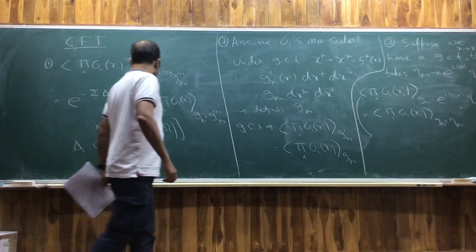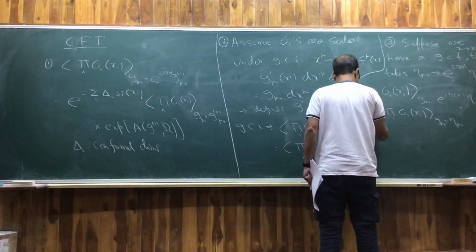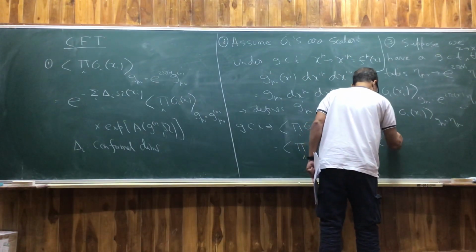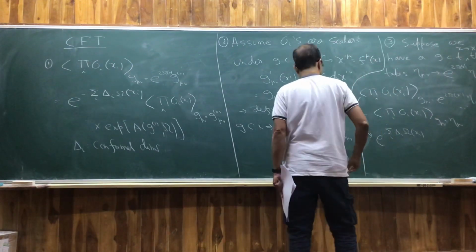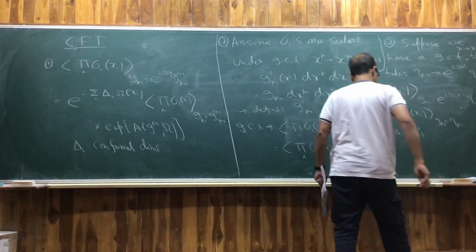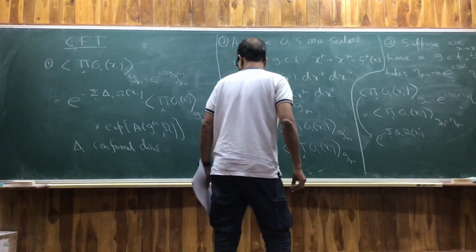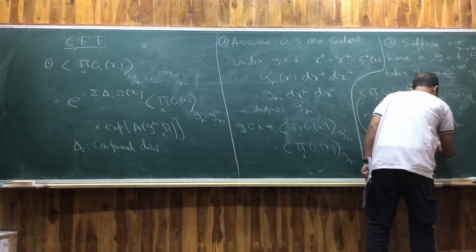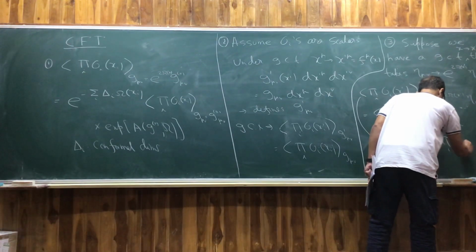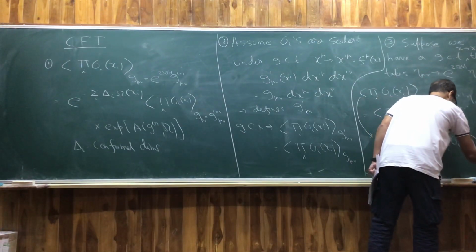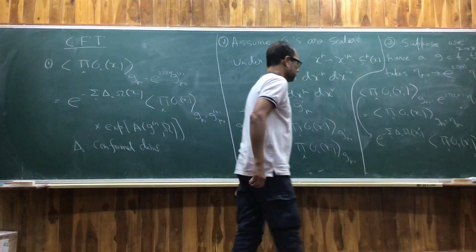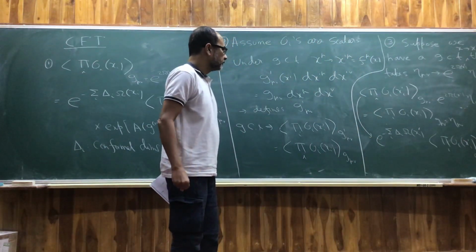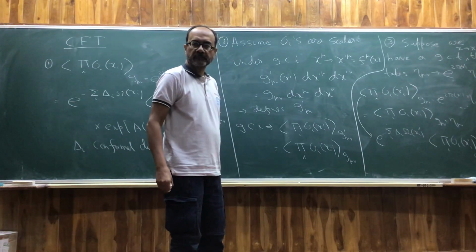We see that this quantity is given by e to the minus sum over i of Δ_i ω(ξ'), since this is primed.